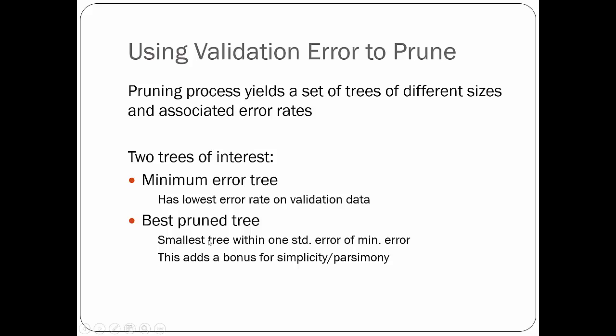So you're allowing the error to be a little bit larger than the lowest possible value, and asking what is the smallest tree possible within the one standard deviation limit. The idea being that if you're only one standard deviation from the best error possible, it's still good enough if you get a really small tree. That really small tree has a value of itself, and you're willing to settle for an error rate that is within a standard deviation from the lowest possible value.